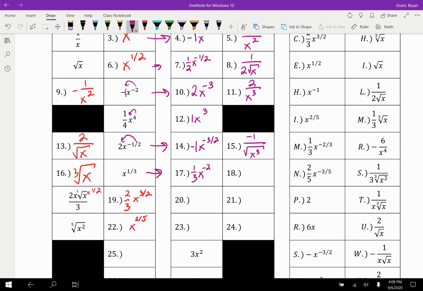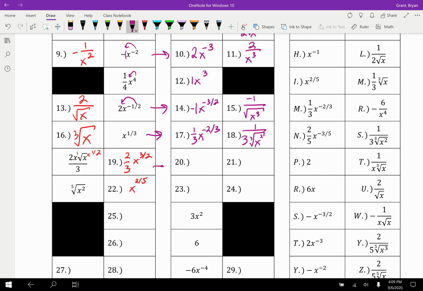1/3 x to the negative 2/3, we did this one on the previous page, or rewriting. 1 divided by 3 times the cube root of x squared. 3/2 times 2/3, those are reciprocals. I think when reciprocals multiply, they make 1, and then reducing 3/2 by 1 gets us down to 1/2. That's just the square root of x.